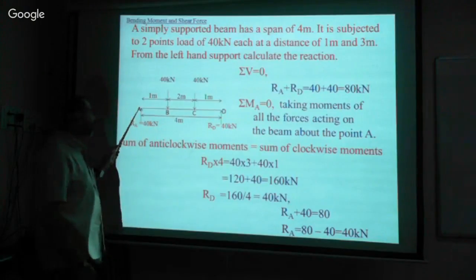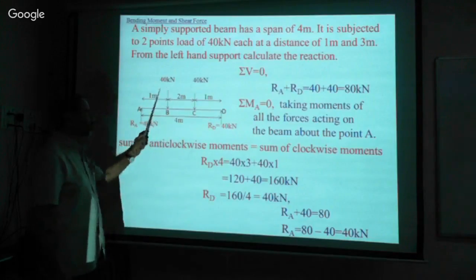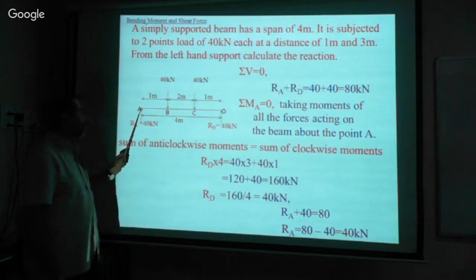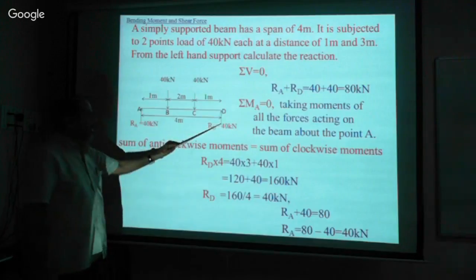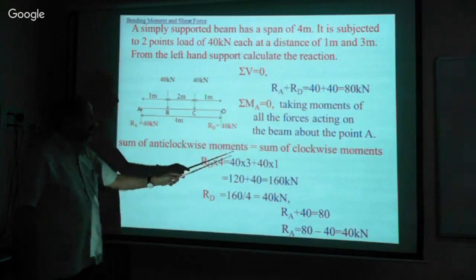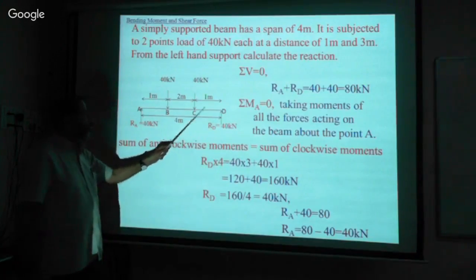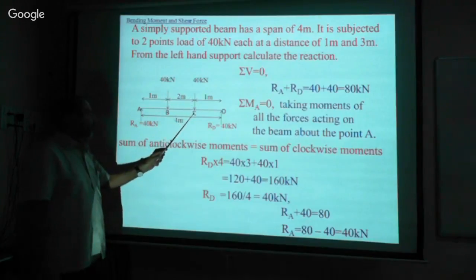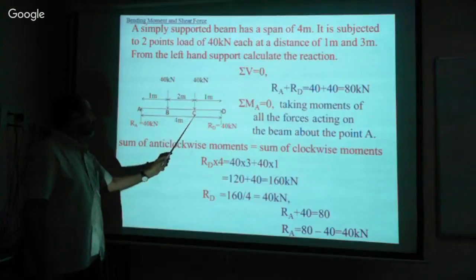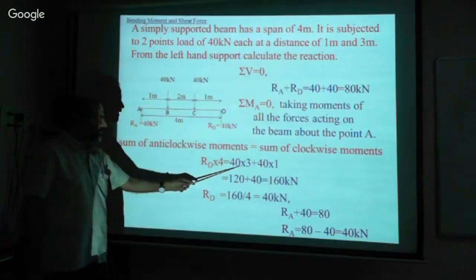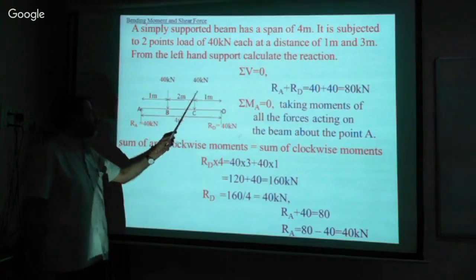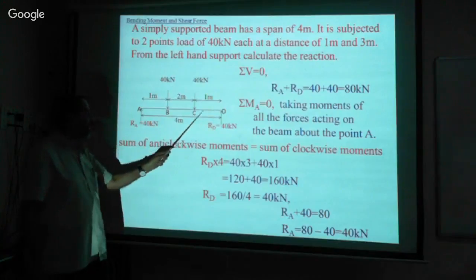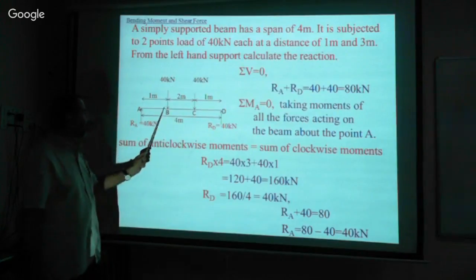Therefore, when you consider the algebraic sum of the moments of all the forces in this beam about A, RD into distance is equal to 40 kilonewton multiplied by this distance, which is 3 meters, plus 40 kilonewton multiplied by this one, that is 1 meter from here to here.